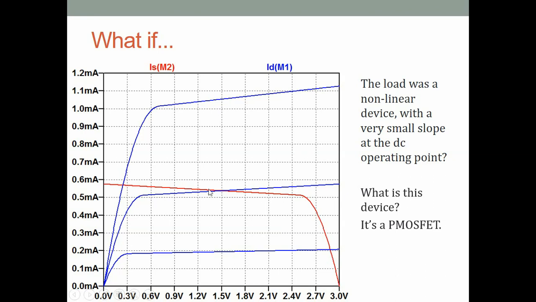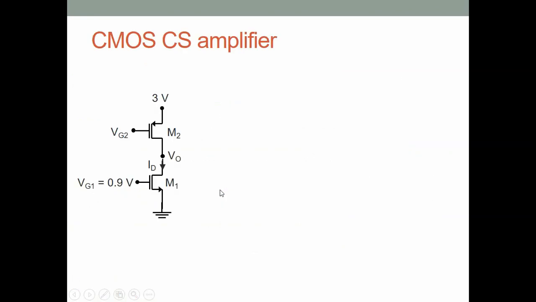Here is the PMOS in saturation, and because it is in saturation it has a very shallow slope, and so does the NMOS, and therefore we can get a nice high voltage gain from this circuit. So this is called the CMOS common source amplifier.